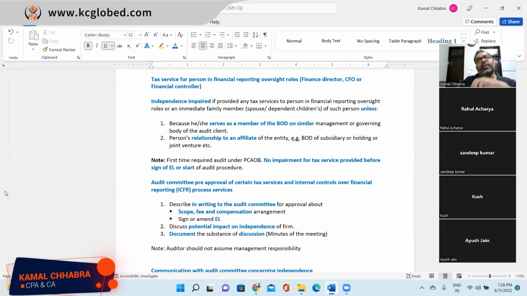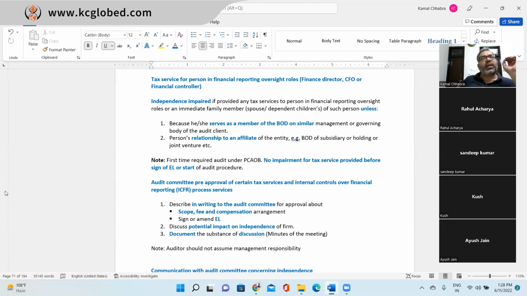So in that scenario, providing tax consulting services or tax returns is allowed in the PCAOB rules, right? But if those members have so many other businesses also, and you are giving them tax services to, you can say, pamper them or bribe them or make them comfortable so that they can continue your audit engagement with the company, that is not allowed.